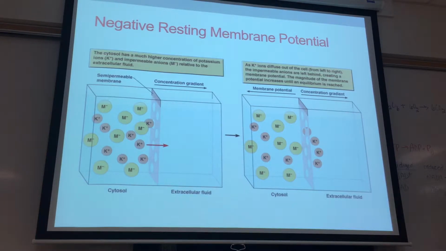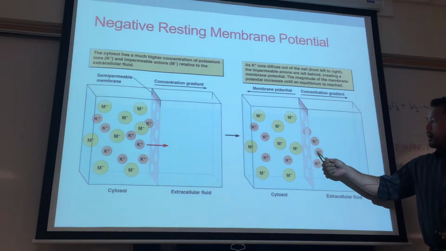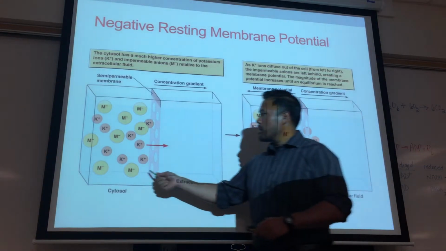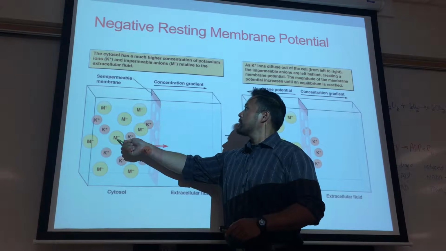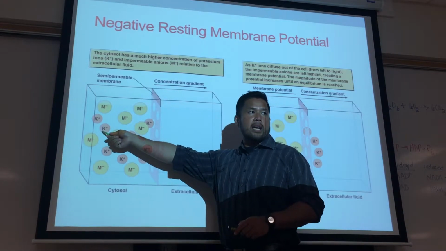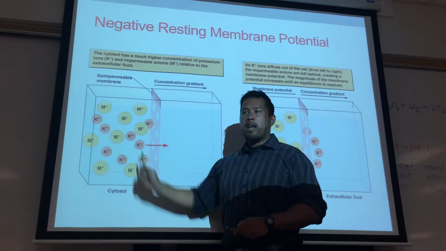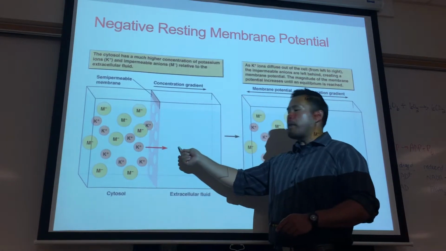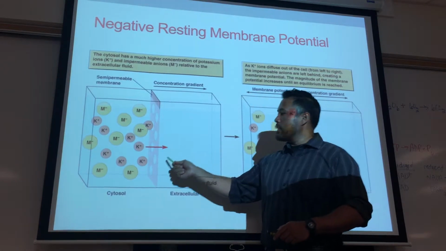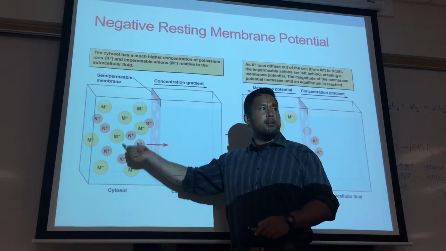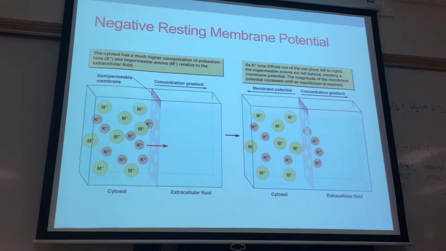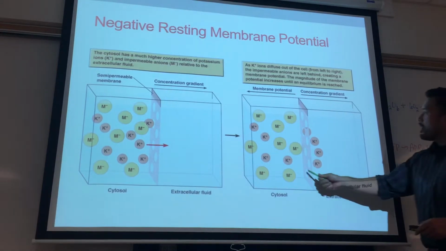And now what happens if we get our potassium ions to move out? Think about it here. Here you see a bunch of M- and a bunch of K+, potassium positive ions, and negative ions. If I get positive ions to move out, what is that going to do for the intracellular fluid? It becomes a little bit more negative. So now it's more negative in the cytosol.